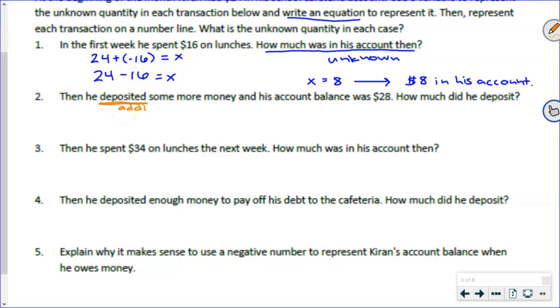And almost every single year, I have about half of the students say that it means it's a deduction. It's decreasing. Why do you think students would make that mistake? Let's critique their reasoning. Why would students say a deposit is a decrease in money? Any thoughts? Grant, what do you think? Yep.